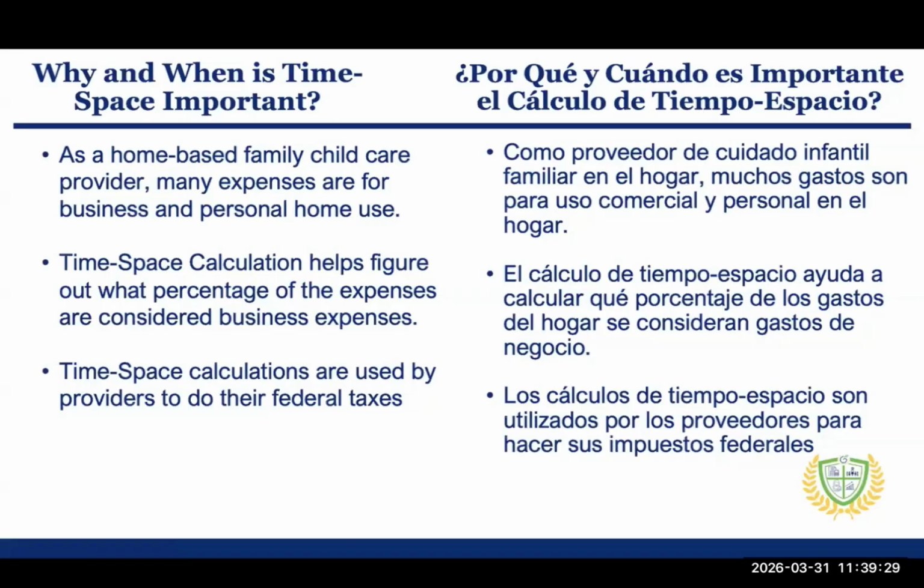Meaning, if you have a business in your home, you are going to be able to deduct a portion of your home expenses as business expenses. Because the business is inside your home, you might pay water, electricity, repairs or maintenance in your home. So a portion of that can be allocated as a business expense.